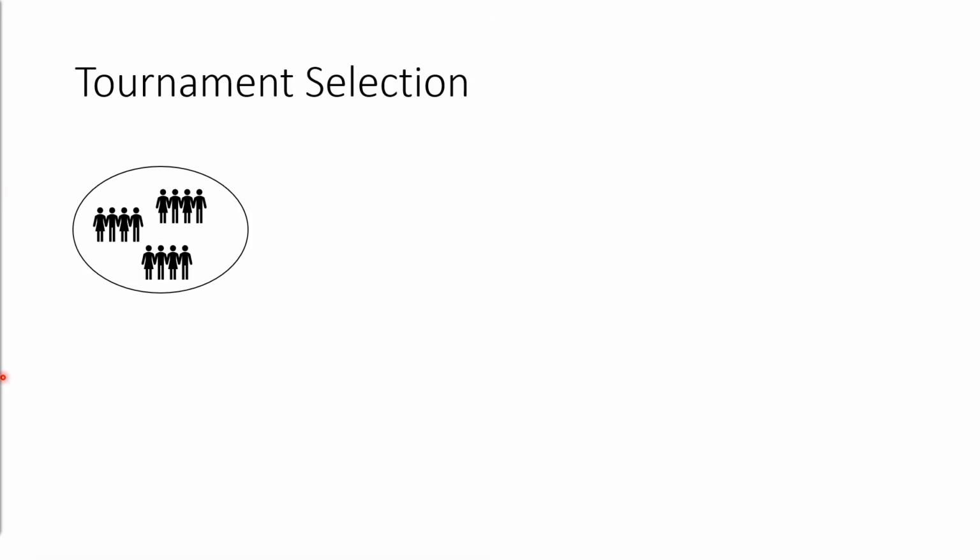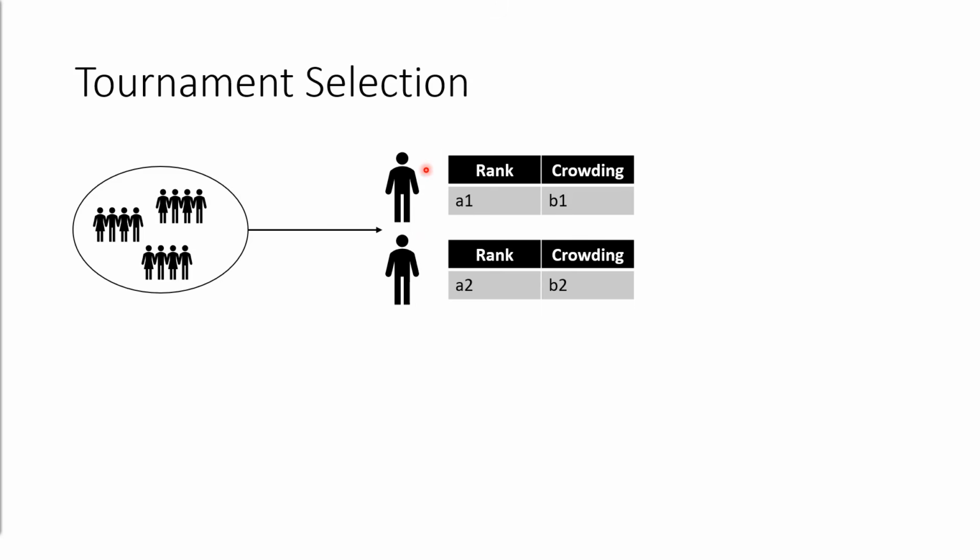Every child needs 2 parents. The parents are chosen by tournament selection. Randomly, out of the parent population Pt, 2 individuals are chosen and afterwards compared. First, the persons are compared by their ranks, and the one with the better rank is able to reproduce.